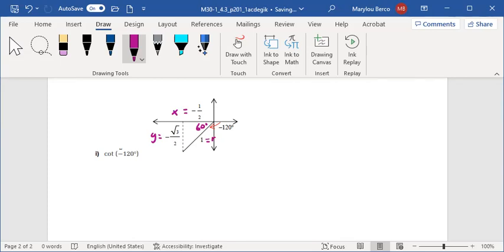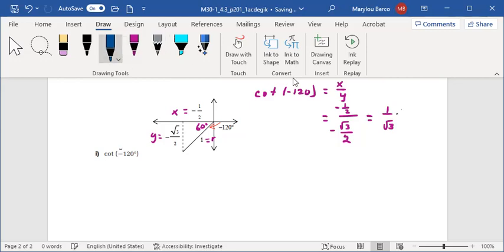So for cotangent negative 120, that is equal to x over y, and that will be equal to negative 1/2 over negative root 3 over 2, and that will be equal to 1 over root 3, but we can't leave that radical in the denominator, so we multiply by 1, or root 3 over root 3, and we end up with root 3 over 3.